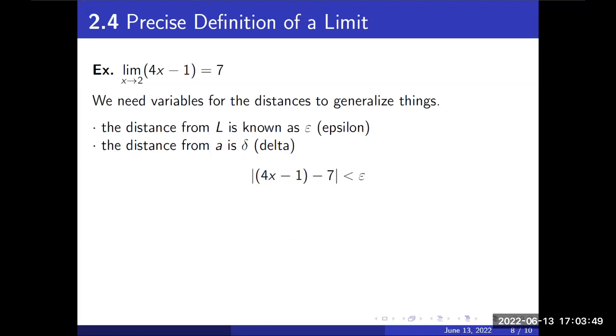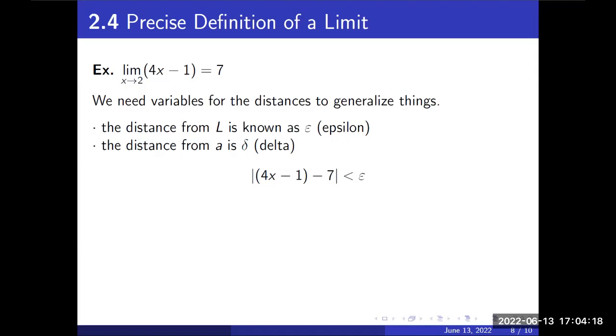So no longer are we going to say that we're within 0.1 of 7. We're going to use a variable. And no longer are we going to come to the conclusion that we need to be within 0.025 of 2. We're going to use a variable. And it's that variable that's going to make the leap to then give us a precise definition of a limit.